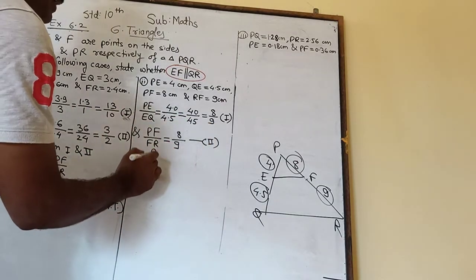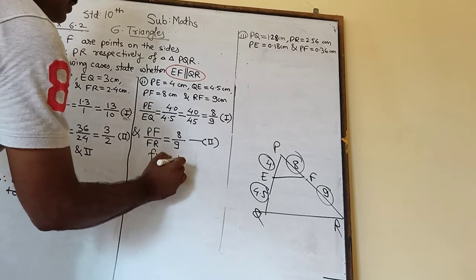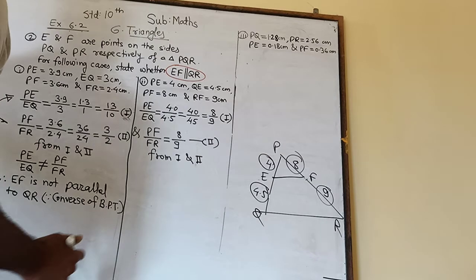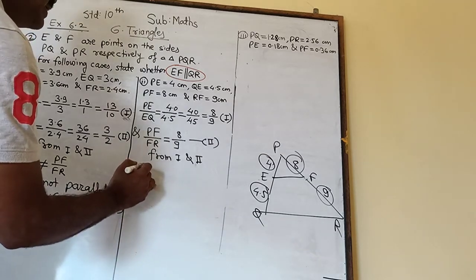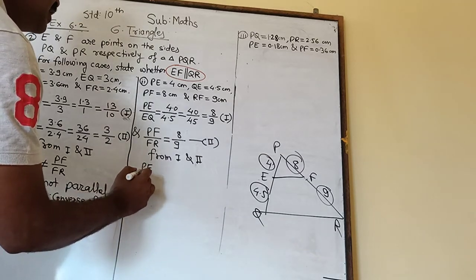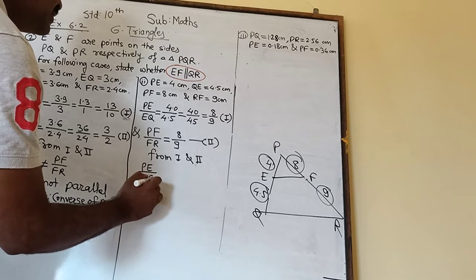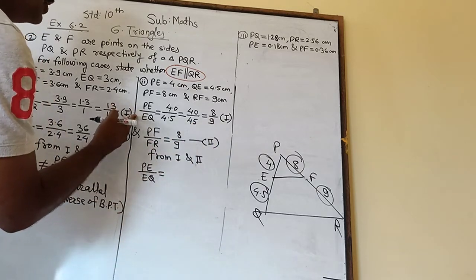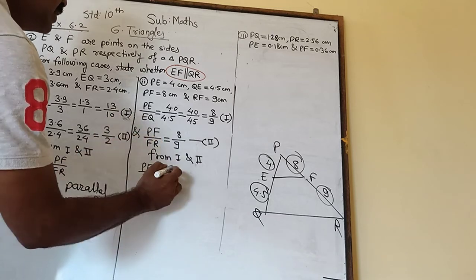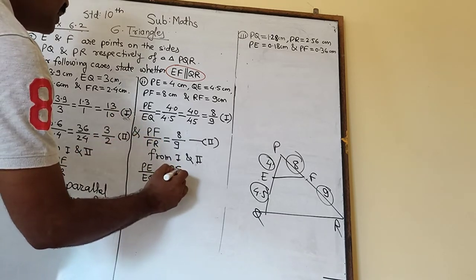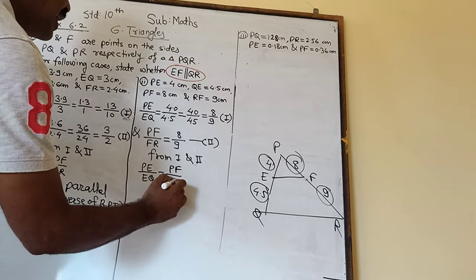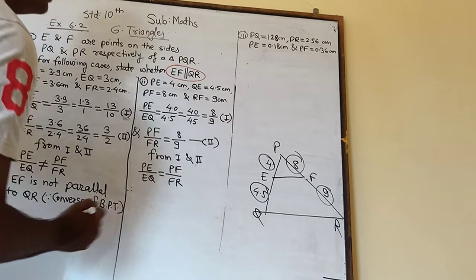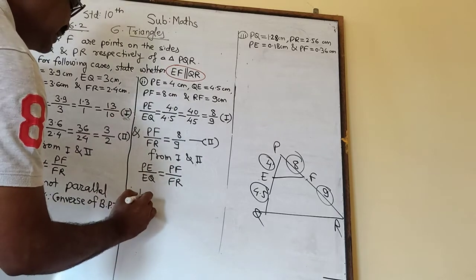So from 1 and 2 we can write that PE upon EQ and PF upon FR are both the same, 8 upon 9. So PE upon EQ equals PF upon FR, and therefore we can write EF.